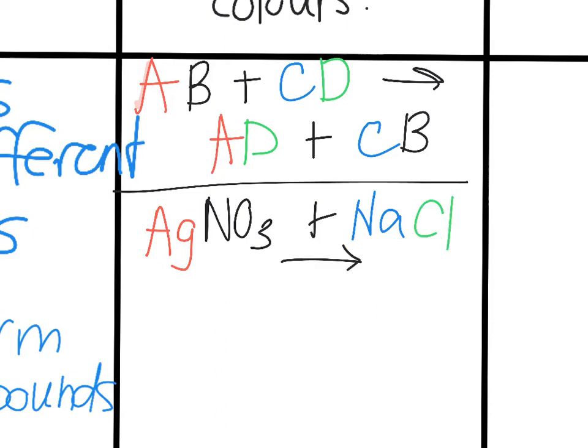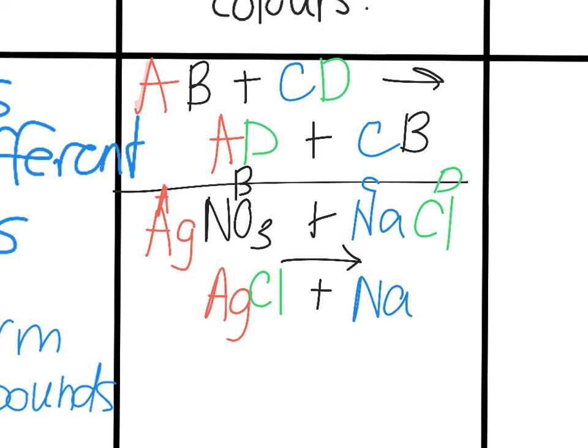So if this is A, and this is B, and this is C, and this is D, and we want AD plus CB, I'm going to have AgCl plus NaNO3. And there you go. That is double displacement. Switch 2 switches to form 2 completely new compounds.